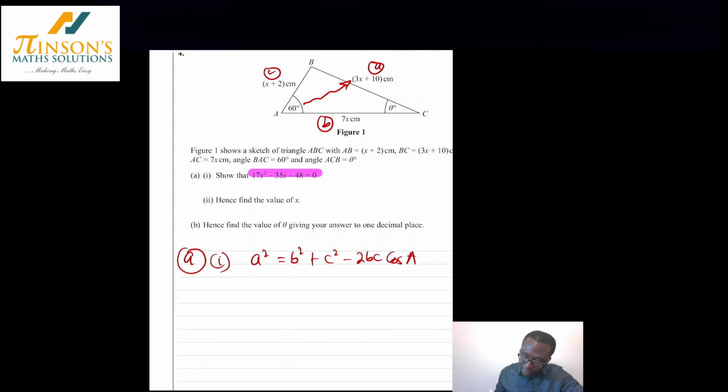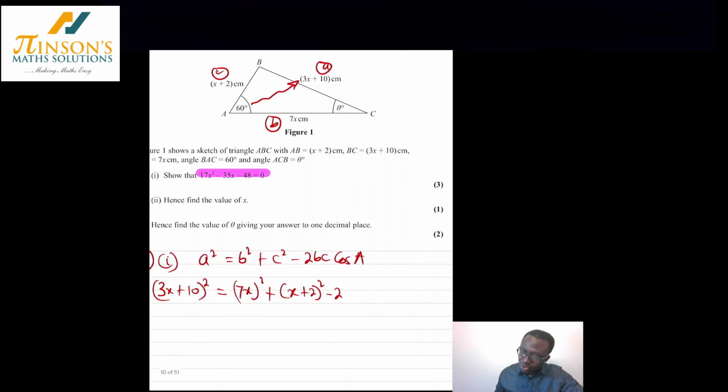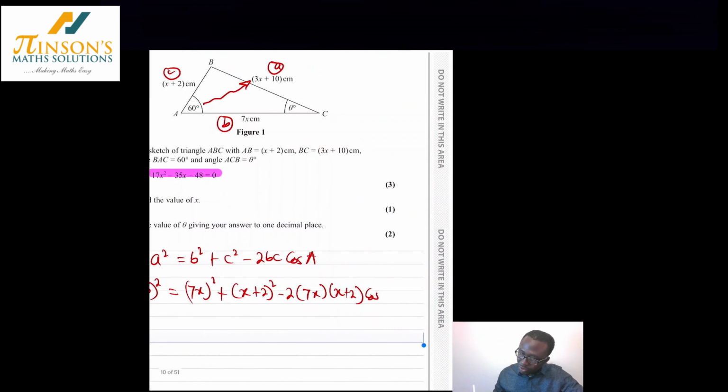So a is 3x add 10, so 3x add 10 squared equals b squared, so 7x squared, add c squared, which is x add 2 squared, minus 2 lots of bc, so 2 lots of my b, which is 7x, and then my c, which is x add 2, and then we need to multiply everything by cos of A, which is 60 in this case.